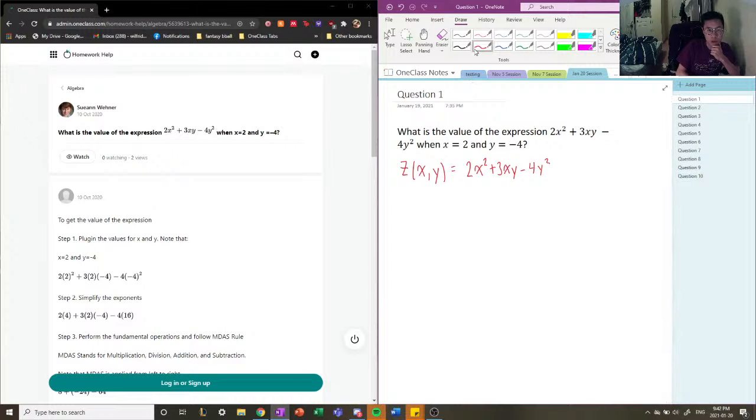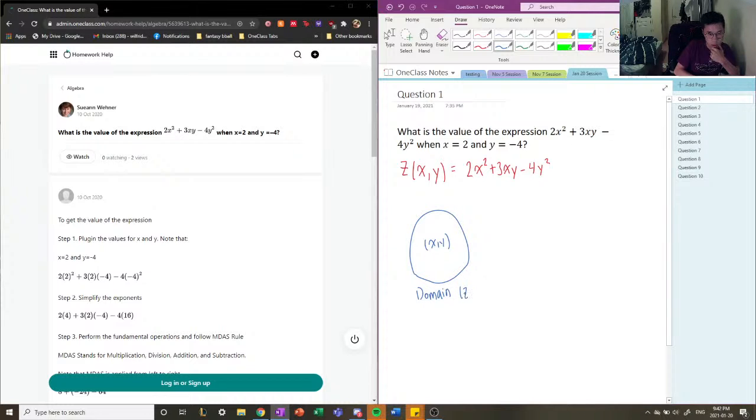If we think about it as having two pools of values, in our first pool we have our values of x and y. We call this our domain of function z of xy.